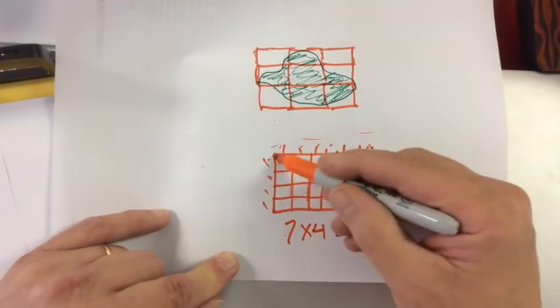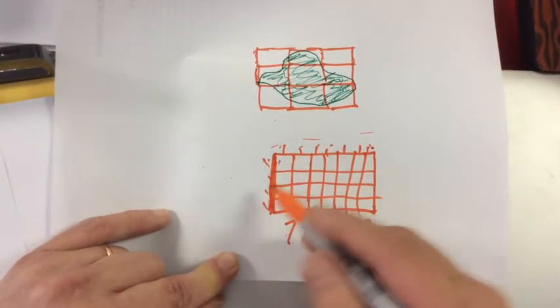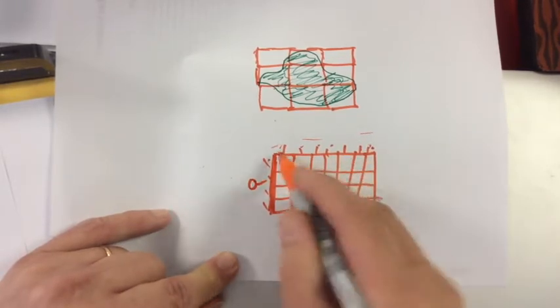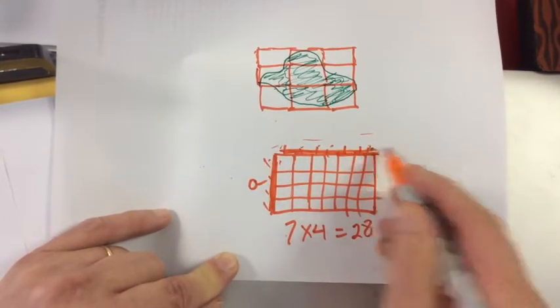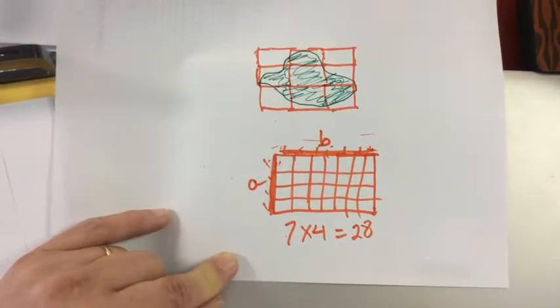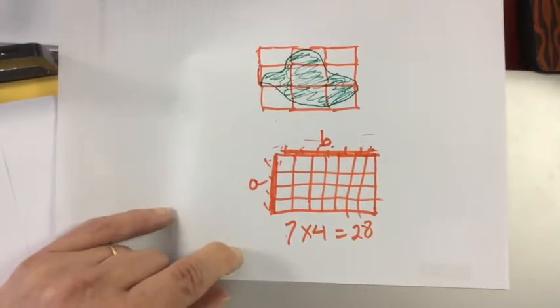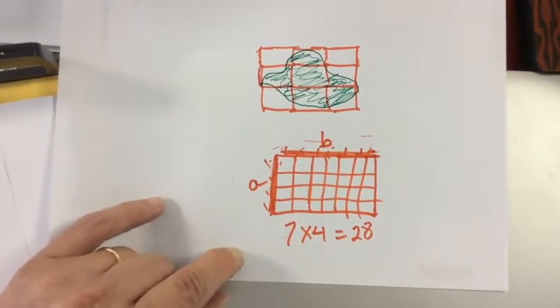So if I have a rectangle that has a given side length and another given side length, I can multiply those two numbers together to find out how many squares there are inside.